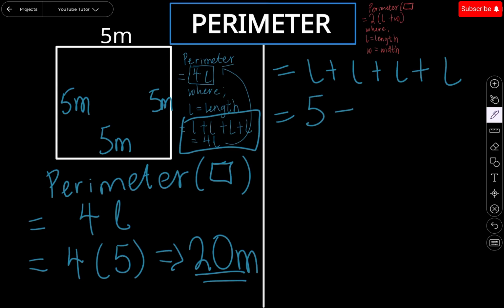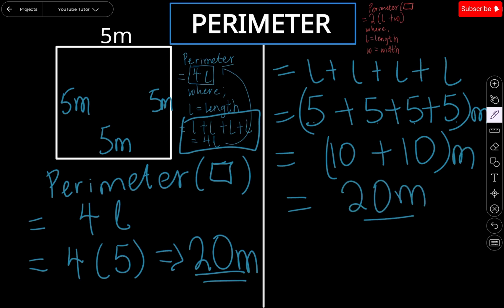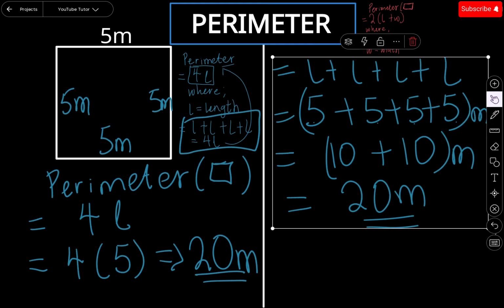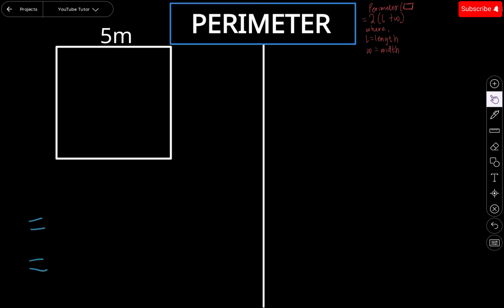So you have 5 plus 5 plus 5 plus 5, all in meters. 5 plus 5 gives us 10, plus another 5 plus 5, which also gives us 10. Now 10 plus 10 gives us 20 meters. So basically, we have concluded that the perimeter of a square is 4L, or L plus L plus L plus L.